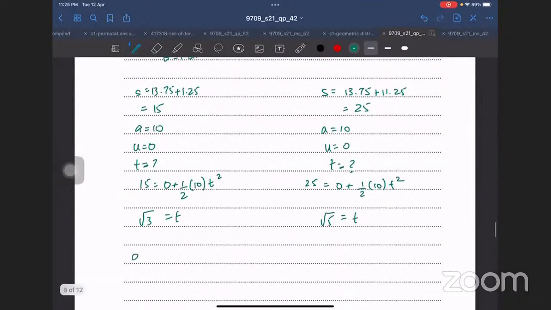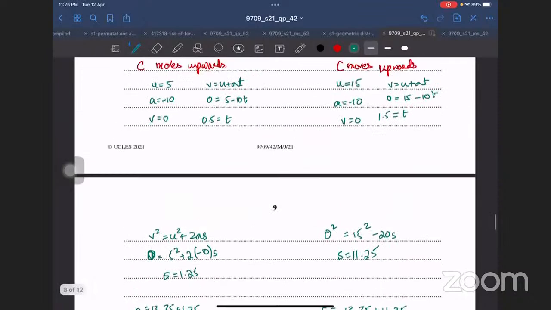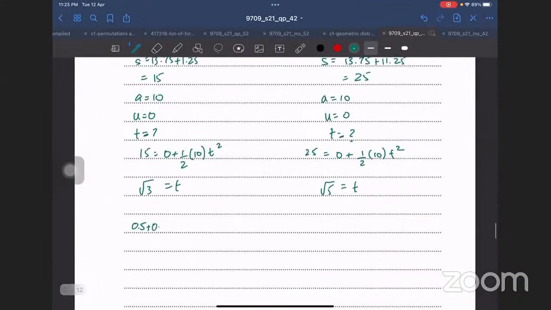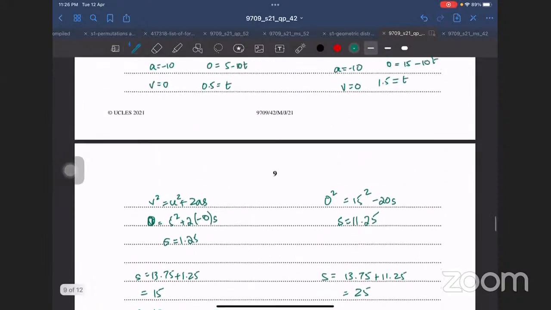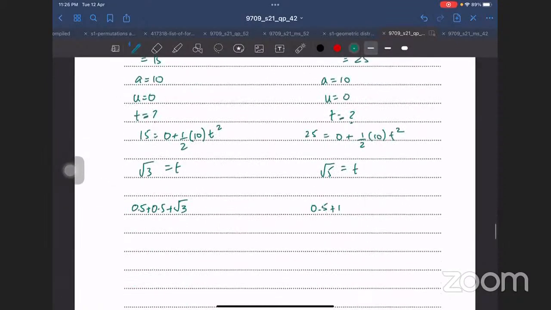Okay, so total time is then 0.5 plus another 0.5 plus root of 3. Here the time is 0.5 and then 1.5 and then root of 5. So the difference between the two times: 0.5 plus 0.5 plus root 3 gives me 2.732. And 0.5 plus 1.5 plus root of 5 gives me 4.236.